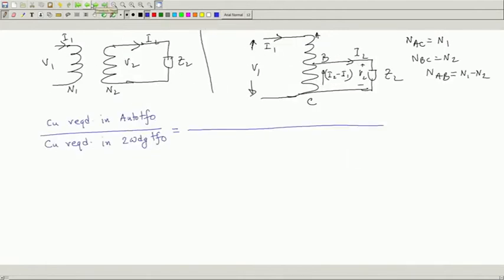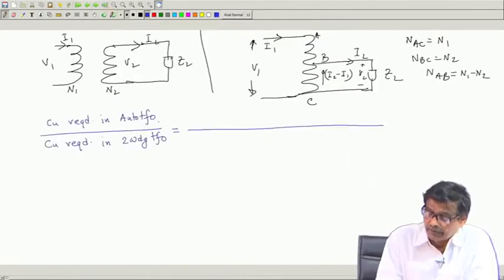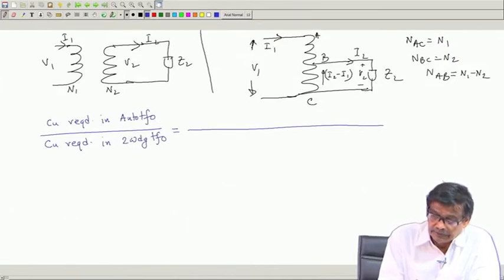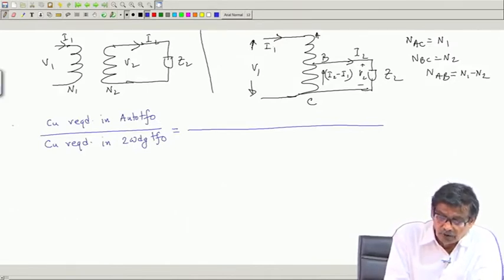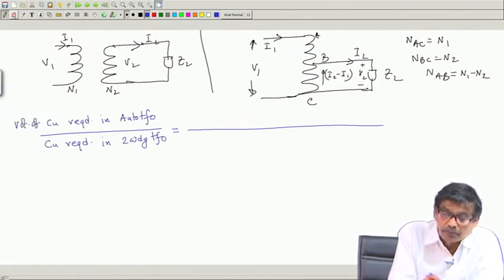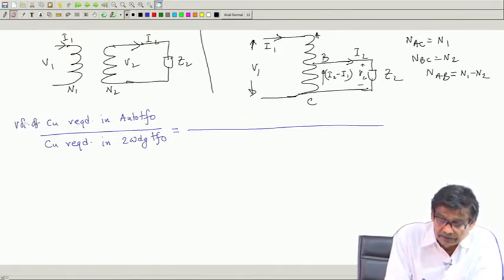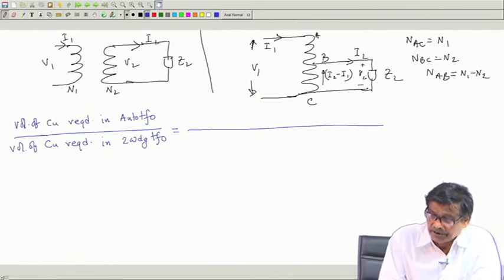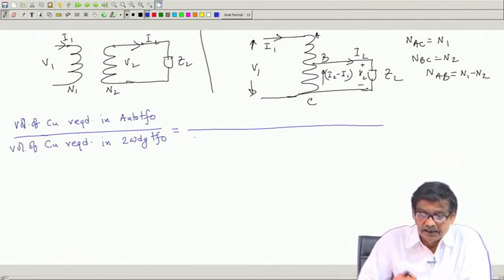So, it looks like copper required in auto transformer, rather volume of copper required, divided by volume of copper required in two winding transformer, I am trying to find it.